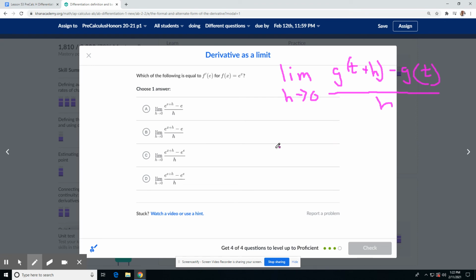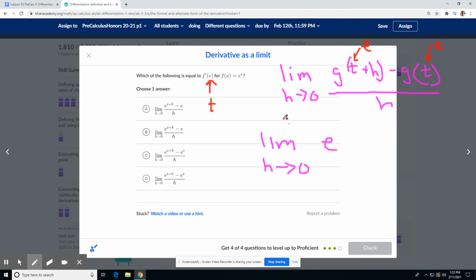So that means that if I were to do this, it would be the limit as h goes to 0. Our function is e to the x, so that would be e, and then t plus h. And then just kind of remind yourself in this case, that is your t right there, your value. So that's going to be an e, and that's going to be an e right there inside there.